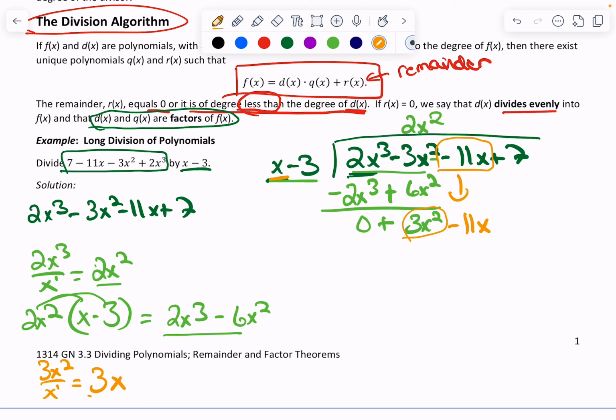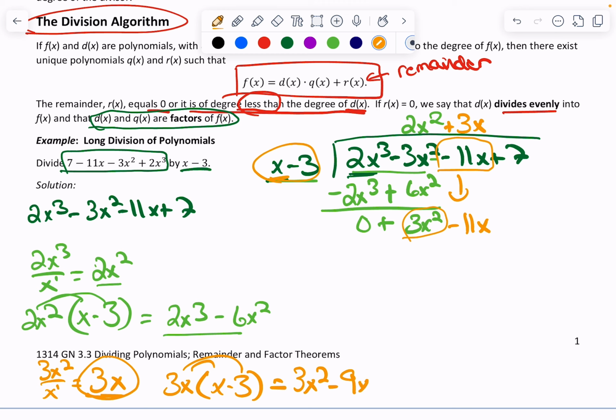Okay, so this 3x goes on the top here now. It is a plus because we got a positive. Now we're again going to take this 3x and multiply it by the divisor, x minus 3. So we're distributing. 3x times x is 3x squared, and 3x times negative 3 is negative 9x.